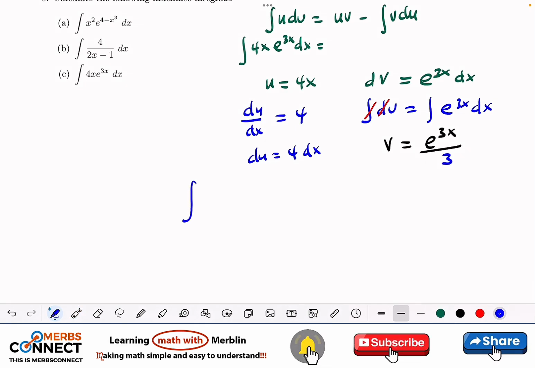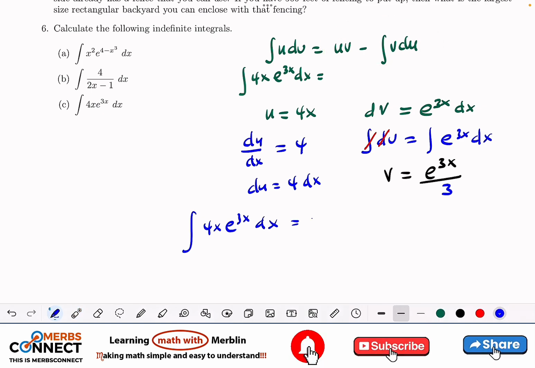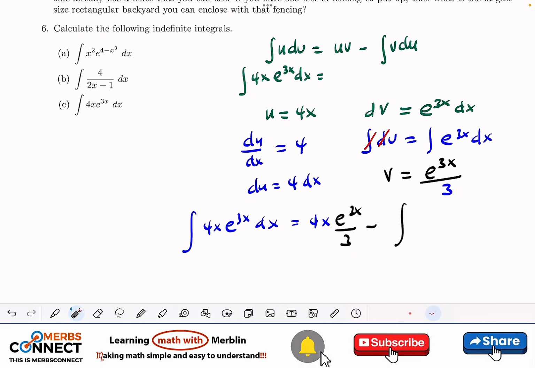So our integration for 4x e to the power 3x dx is equal to, remember we said this is the same as this. That's what we were able to use to find our u, v, and du. So this is equal to u, which is 4x, times v, which is e to the power 3x divided by 3, minus the integral of v, which is e to the power 3x divided by 3, times du, but du is 4dx.